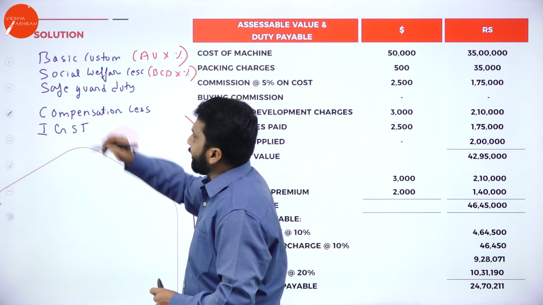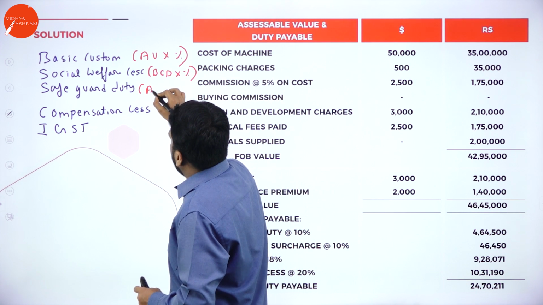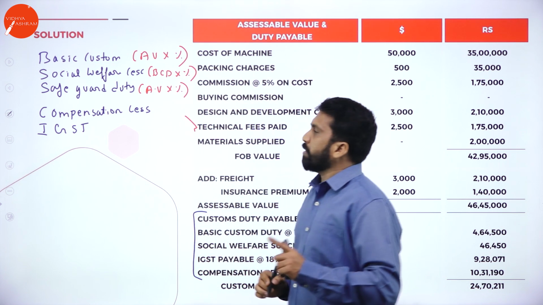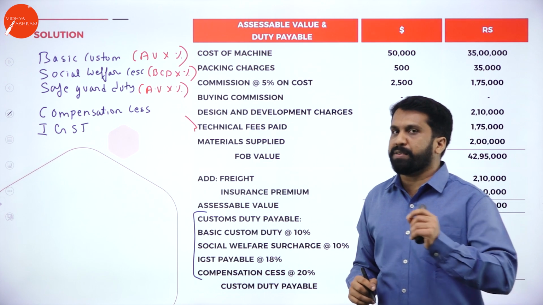Now, if you get safeguard duty, how to calculate? Simple. Assessable value multiplied with percentage.